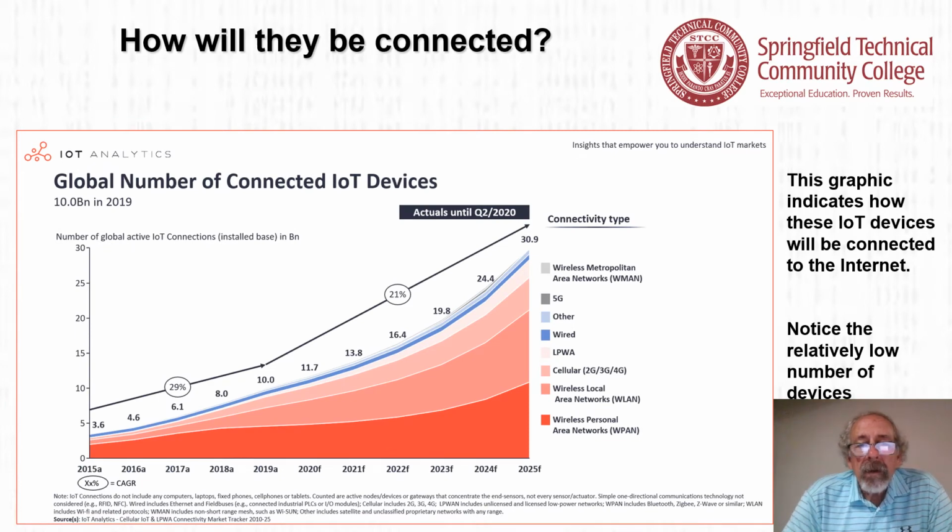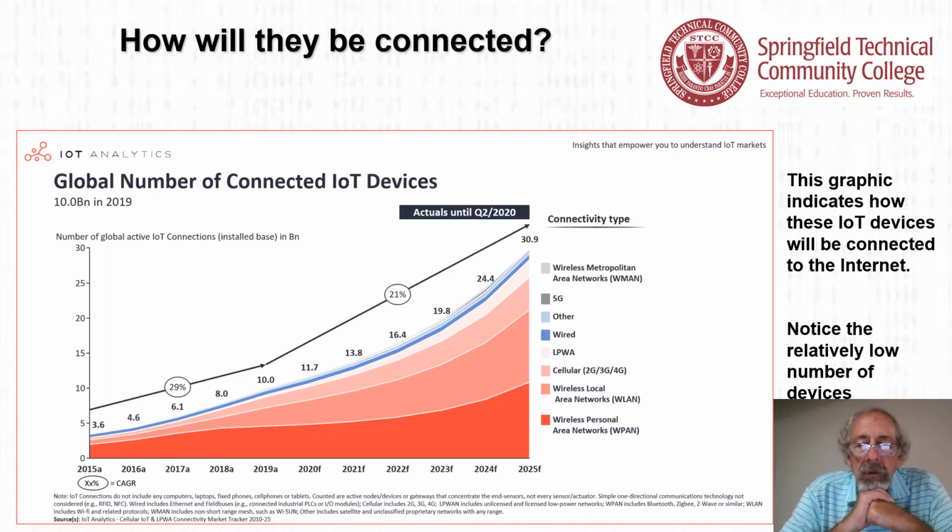This one shows how they will be connected. So here again we have, and this is Q2 of 2020, this graphic indicates how these IoT devices will be connected to the Internet. And you might notice that, again, we have various colors to indicate what the technology is. The bottom, deepest red is wireless personal area networks, or wireless PANs.